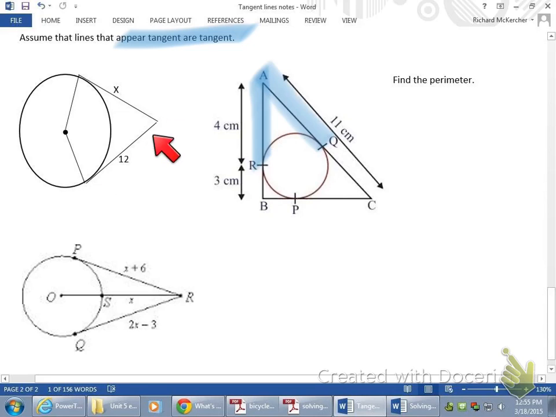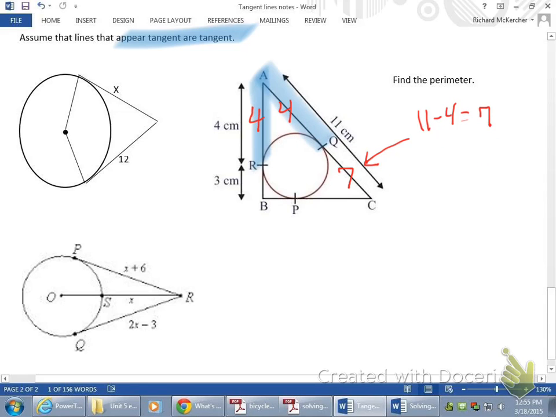Doesn't that look like this? So if AR is 4, what does that tell us about AQ? That it is also 4. Looking at the entire length, I can find QC by subtracting. So since the whole thing is 11, I could subtract this 4 and get that that's 7.